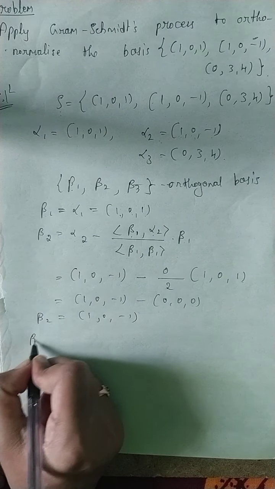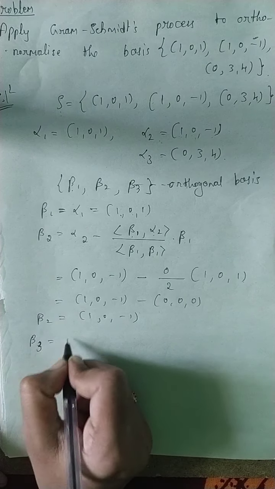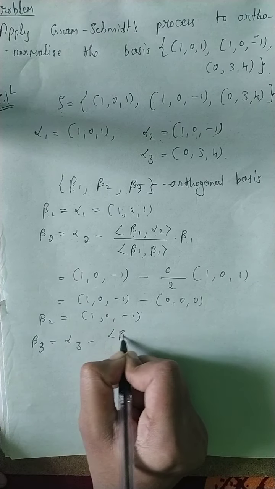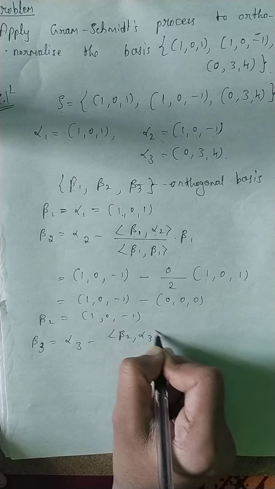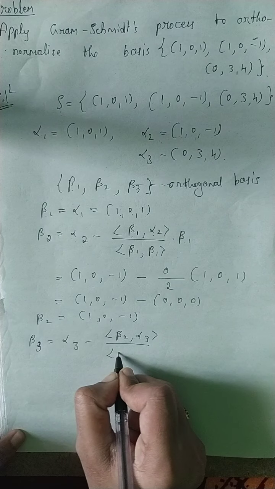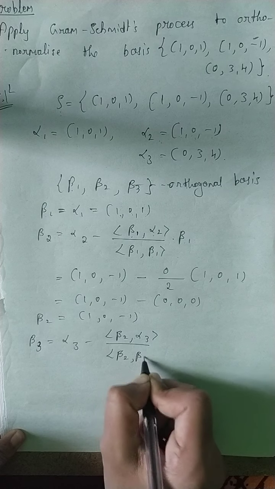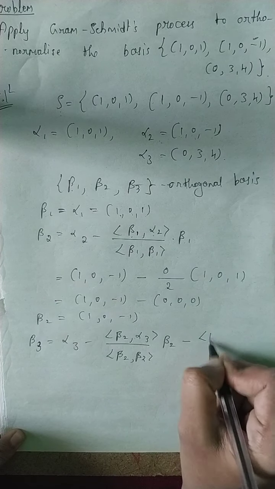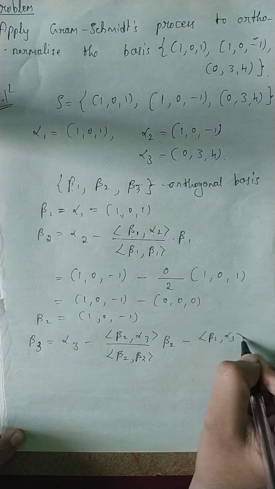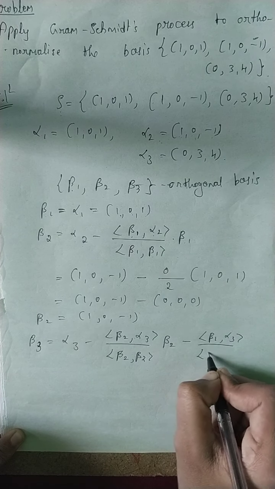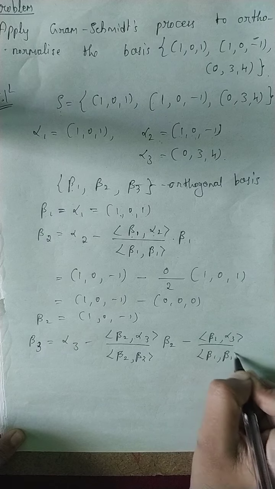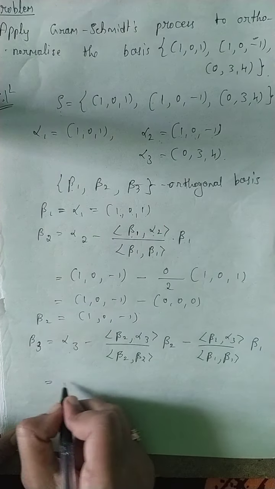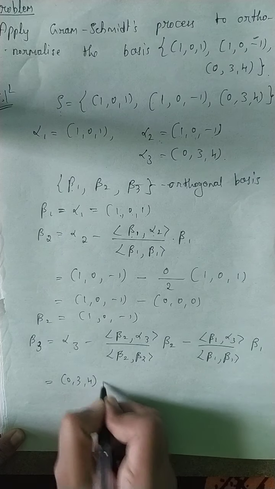Next we have to find beta 3, which is given by alpha 3 minus the inner product of beta 2 comma alpha 3 divided by the inner product of beta 2 comma beta 2, into the vector beta 2, minus the inner product of beta 1 comma alpha 3 divided by the inner product of beta 1 comma beta 1, into beta 1. Here alpha 3 is 0 3 4.